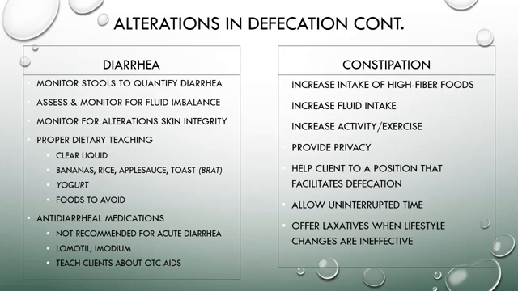We're going to do proper dietary teaching. So a clear liquid diet, including electrolyte replacement fluids like Pedialyte or sports drinks, clear broth, gelatin, bananas, rice, applesauce, toast. So the BRAT diet, if you've ever heard of the BRAT diet: bananas, rice, applesauce, toast. That is a great recommendation for patients who are experiencing diarrhea because it keeps the food dyes out.